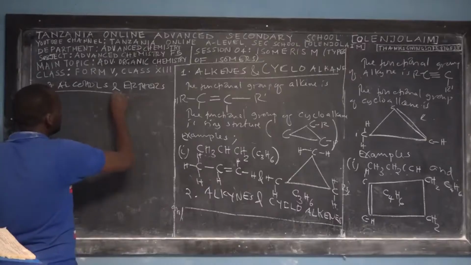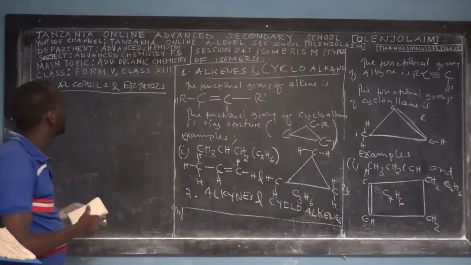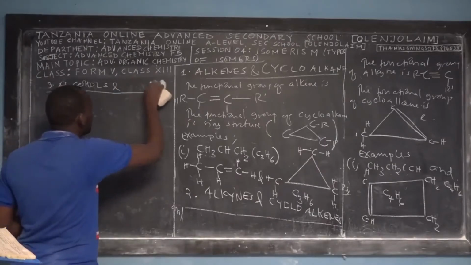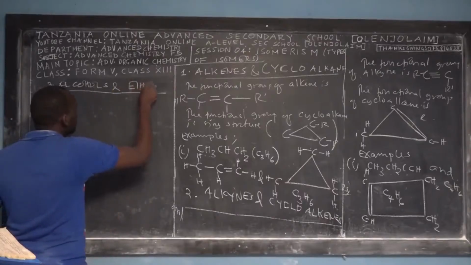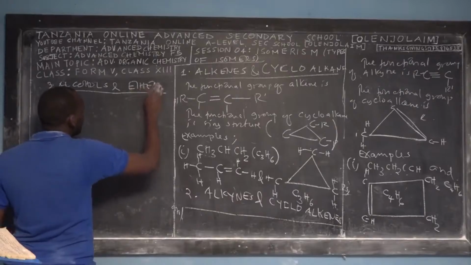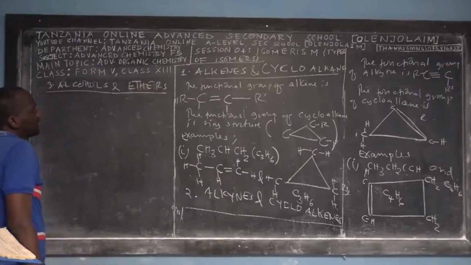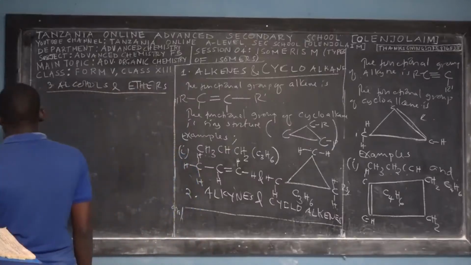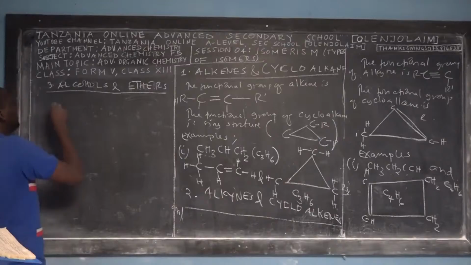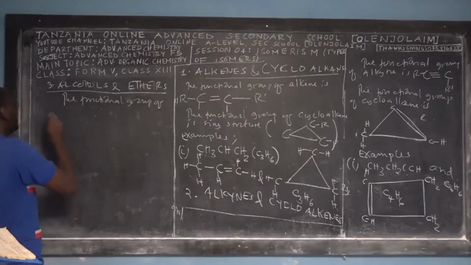Alcohol and ethers. The functional group of alcohol is R-OH.